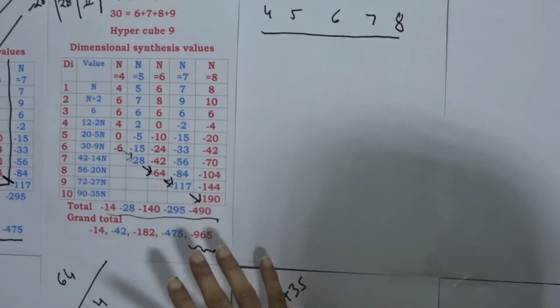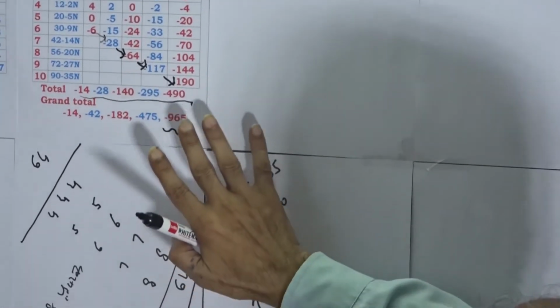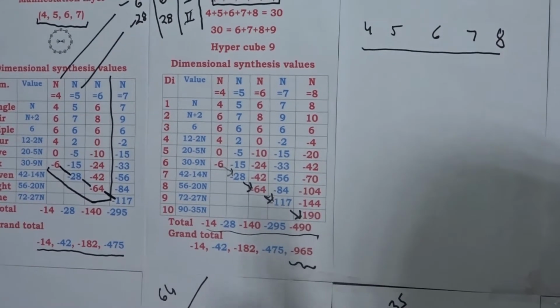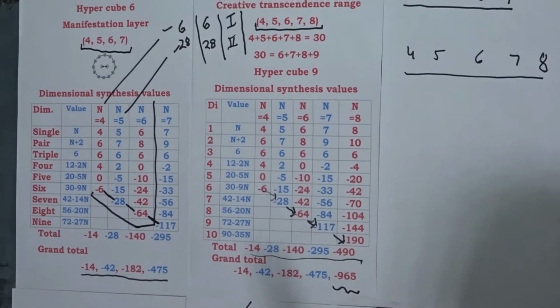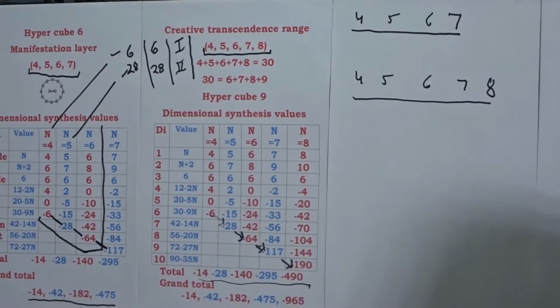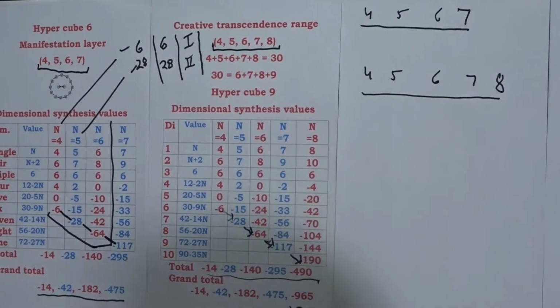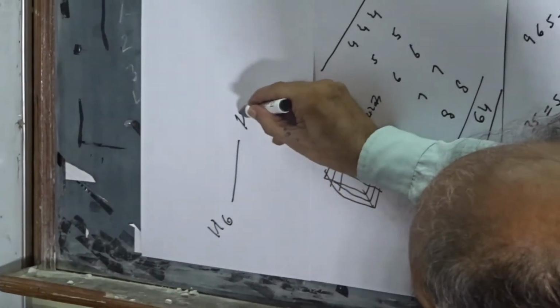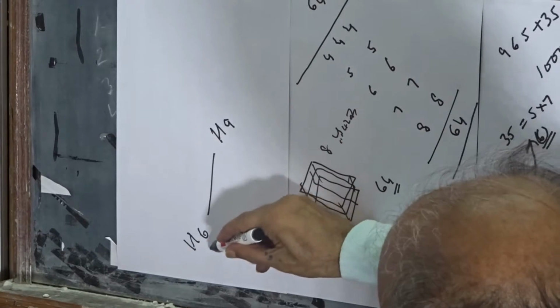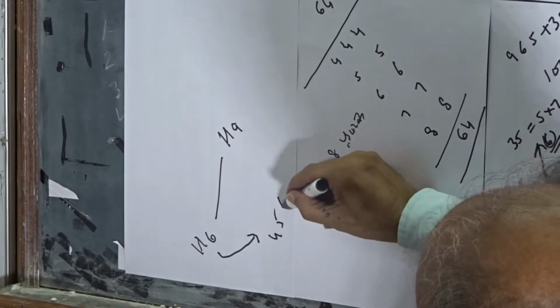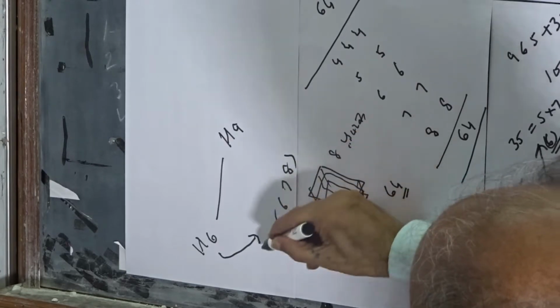This 5-fold transcendence range is taking us to value 30, and this value 30 is parallel to the organization 6, 7, 8 and 9, of hypercube 9. Therefore, this reach phenomenon is from hypercube 6 to hypercube 9 in terms of its transcendence into a 5-fold transcendence range.